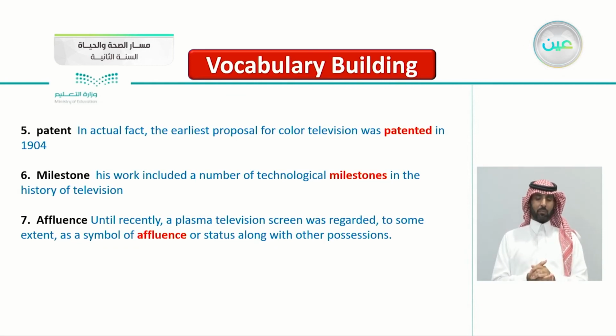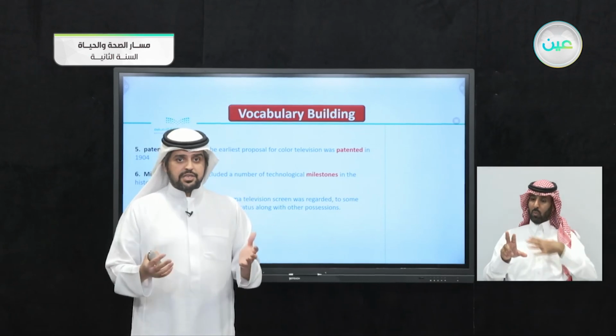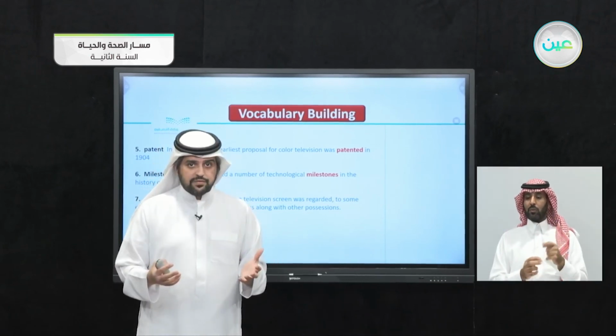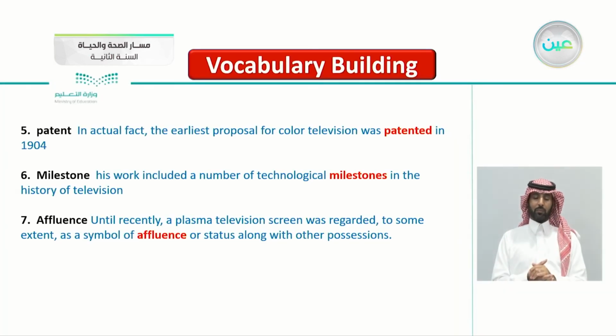Until recently, a plasma television screen was regarded to some extent a symbol of affluence or status along with other possessions, meaning that in the last years, if you owned a plasma TV, this gave a sign that you are rich, you have expensive possessions.